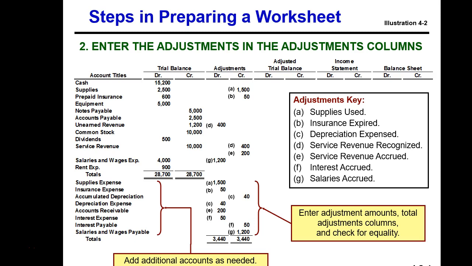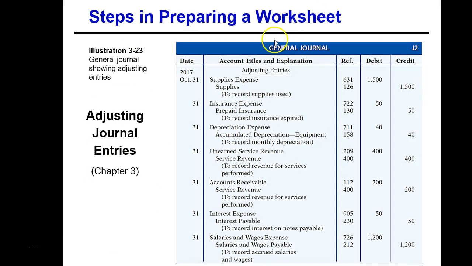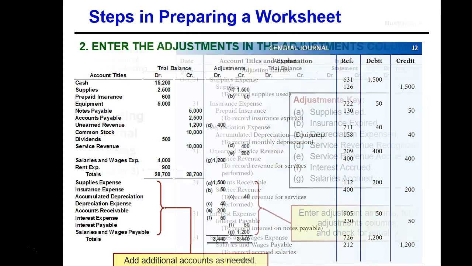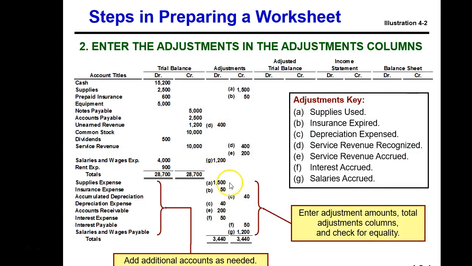It's the same thing. So if supplies expense was debited in the journal as an adjustment, I'm going to debit supplies expense in the adjustment section of the worksheet. So again, this data is coming from the general journal. You're going to record the adjustments here in the worksheet adjustment section.